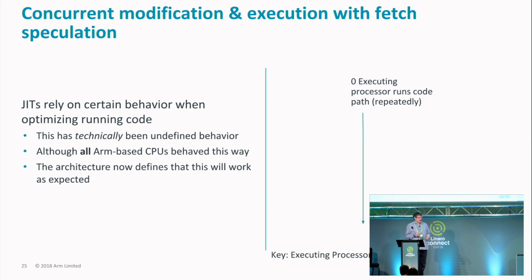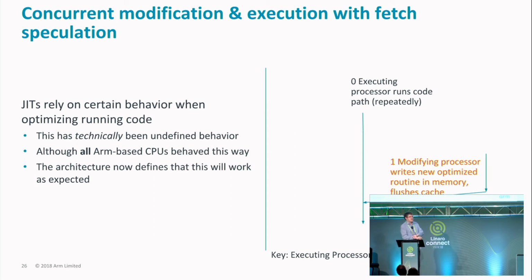So you have this code, and the first thing the modifying processor will do is compile and write a new optimized routine in memory, and flush the cache. And at the end of that routine, it will put a branch back to the original code where it wants to re-enter the code sequence.